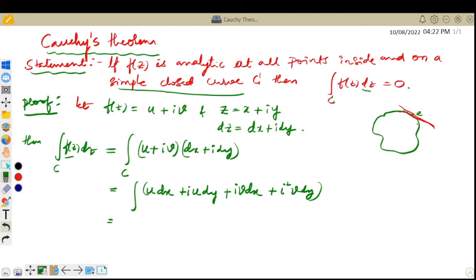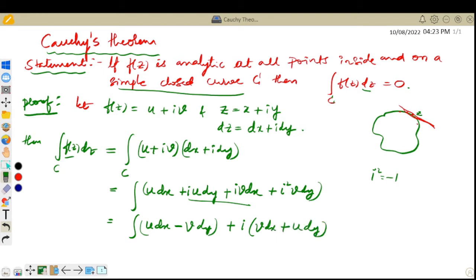You people are already aware that i squared is equal to minus 1, so that term is purely real. I will take first u dx minus v dy, plus, in these two terms I will take i common, you will get i times v dx plus u dy.